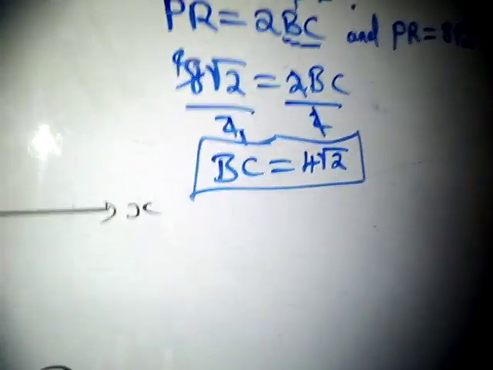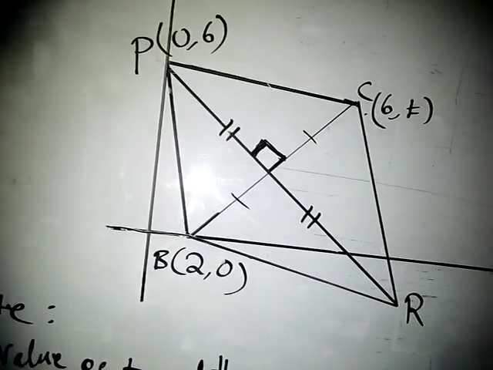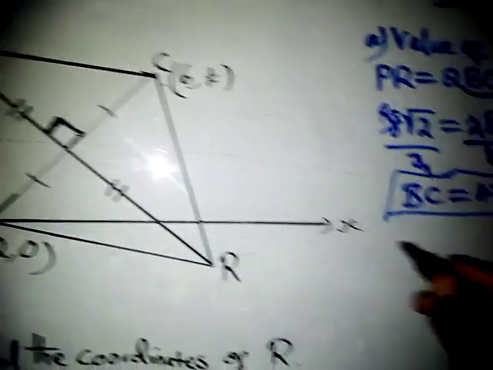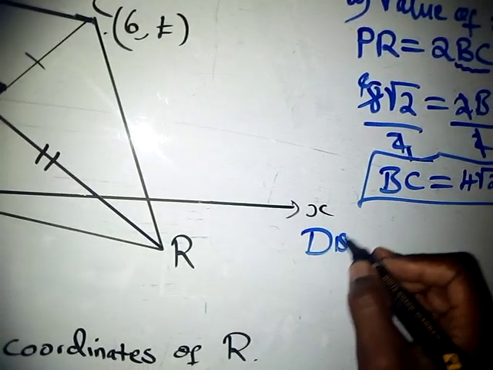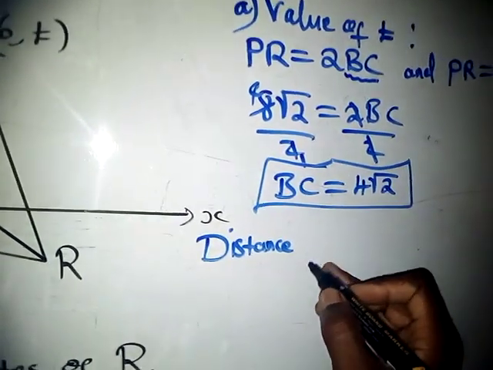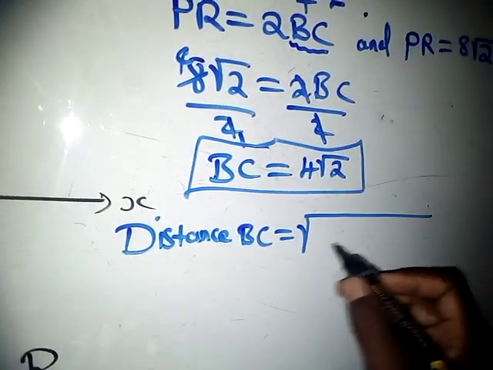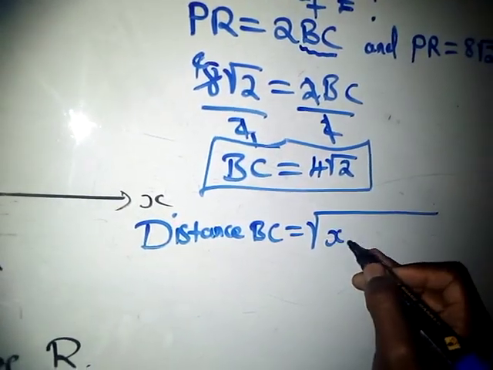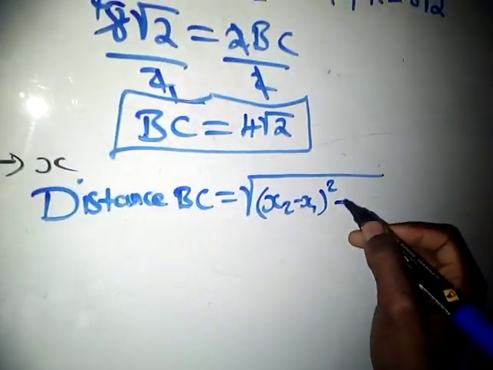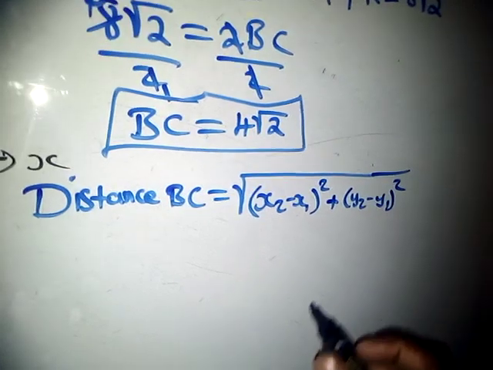Now, this being the case, we apply what we call the distance formula, the distance between point B and point C. As you may be aware, this will equal the square root of x2 minus x1 in the parentheses raised to the second power plus y2 minus y1 in the parentheses raised to the second power.